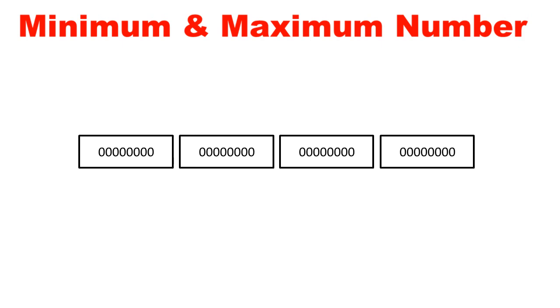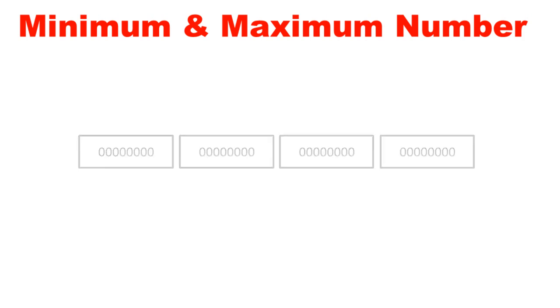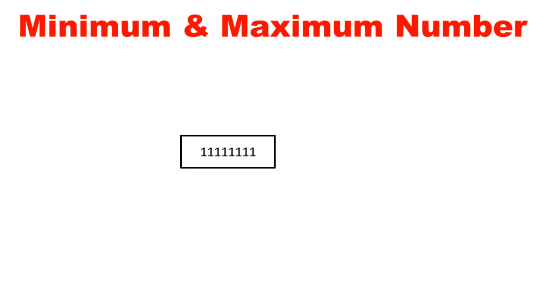This is the minimum value for each octet place. If we convert the value of 8 ones into a decimal number, it will be 255, and if we convert the value of 8 zeros into a decimal number, the result will be only 0.